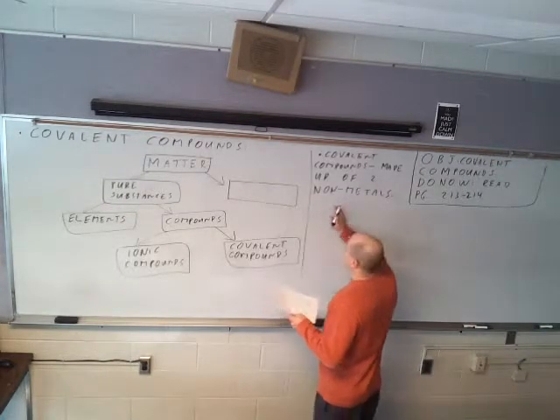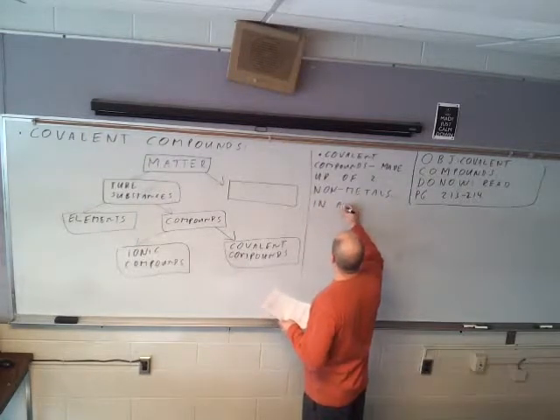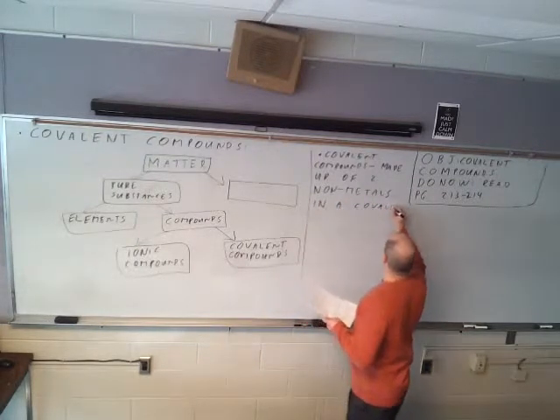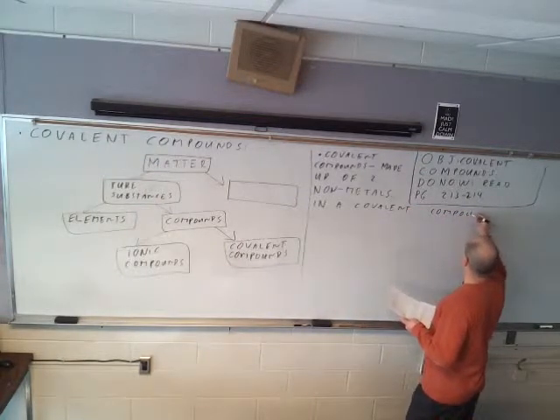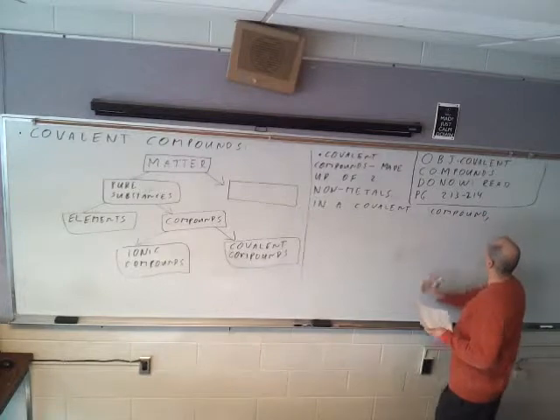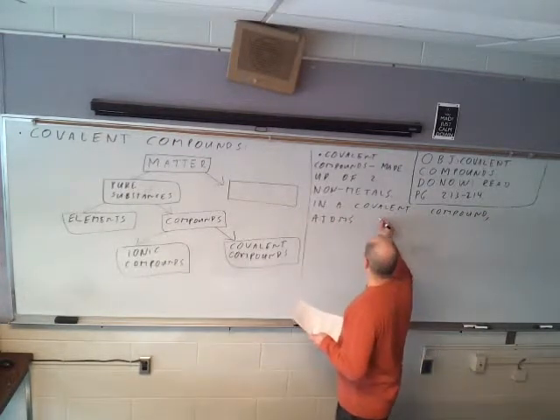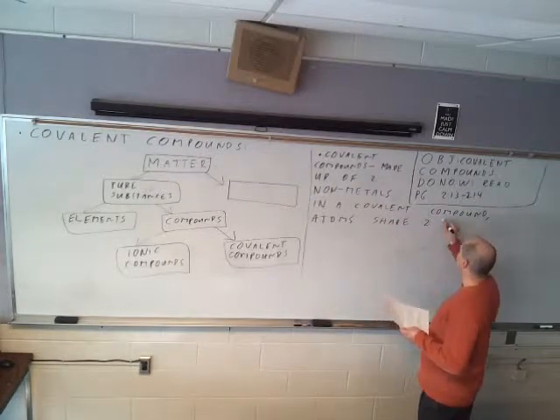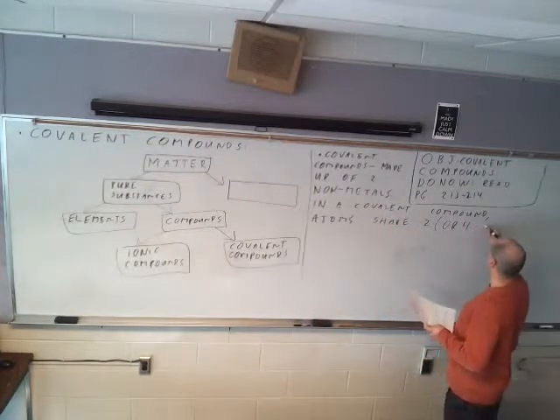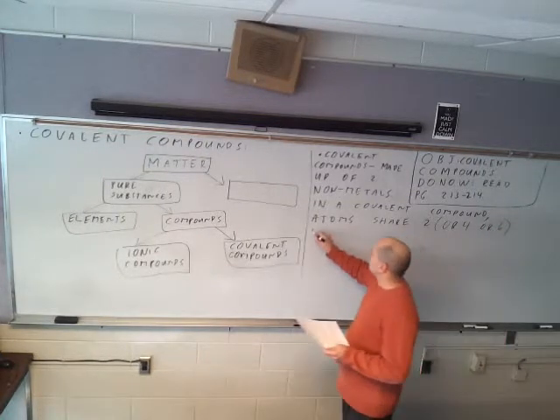So 2 non-metals make a covalent compound, and then in a covalent compound, atoms share 2 or 4 or 6, has to be an even number, electrons.